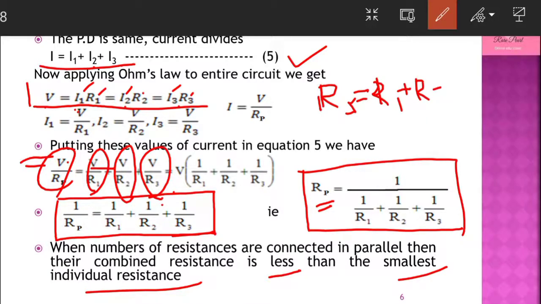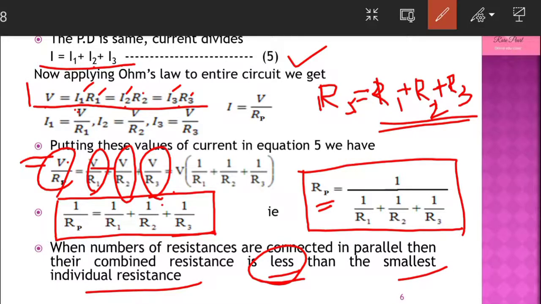So therefore here what happened? Resistance is going to be more. Resistance is going to be greater. If you want a higher resistance, then we have to go for series connection. Suppose if you want a low resistance, then we have to go for parallel connection.